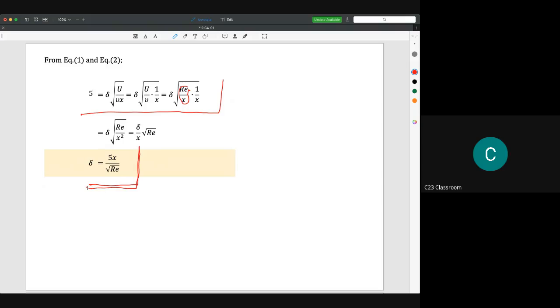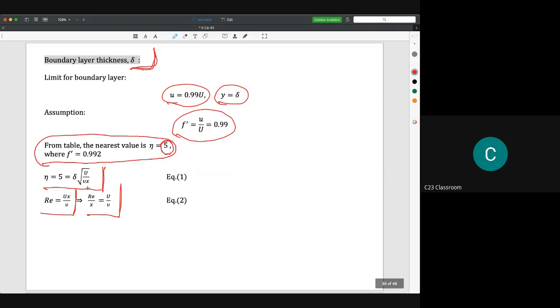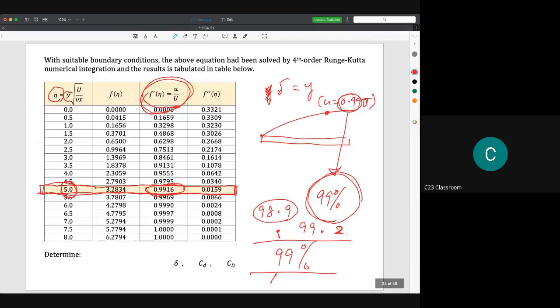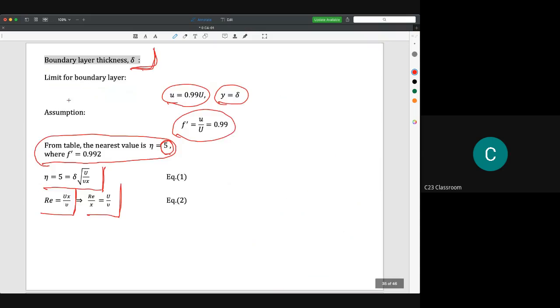Okay, so here, maybe you are confused with this term. So we have the y, u, and x here. Here we actually replace the y with the delta because we assume that u is equal to 0.99 capital U and y is now delta.